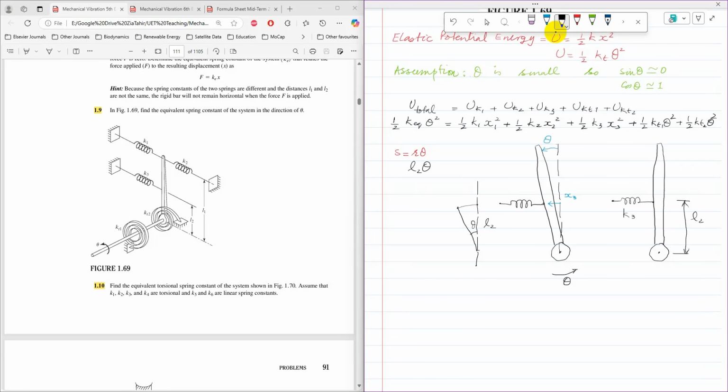Basically, we can assume here that x3 is equal to L2 theta. That is a very basic assumption.